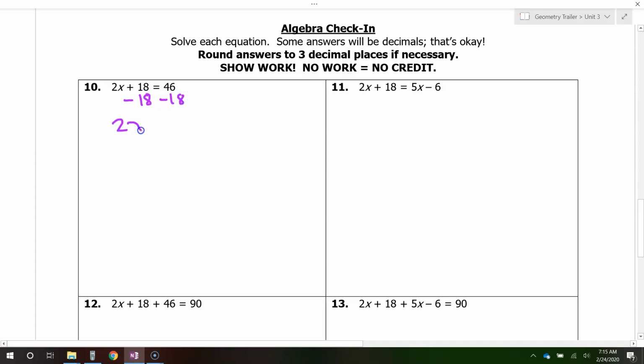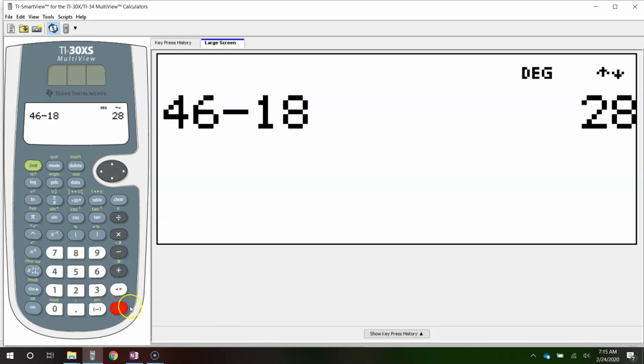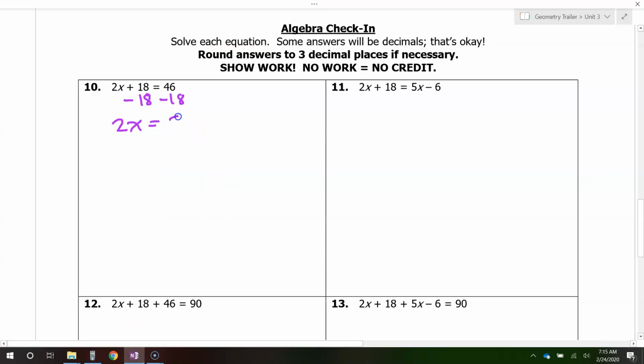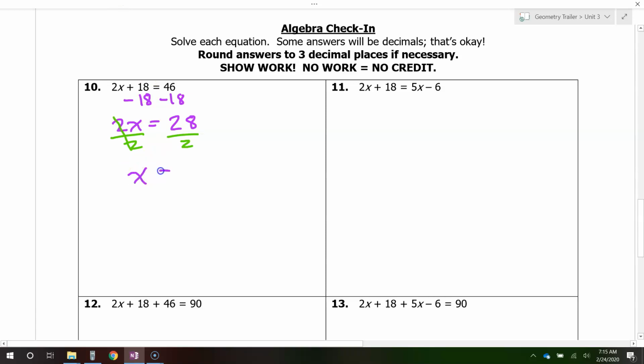That will give us 2x is equal to, we can just go 46 minus 18, and that's 28. And then we divide by 2. And that's how you get x by itself. So you end up with x is equal to 14.